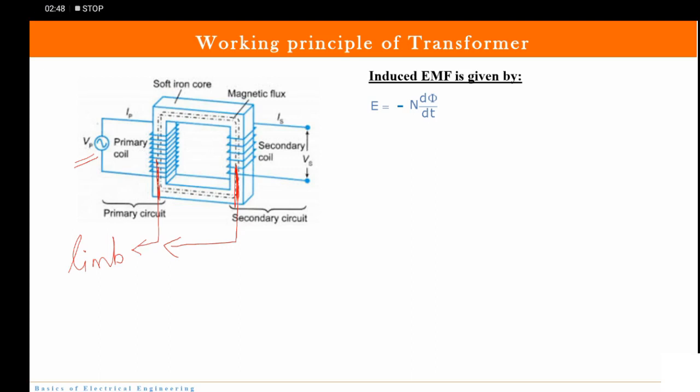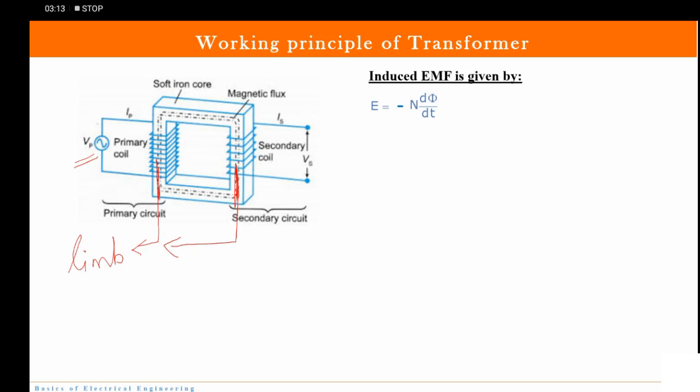As soon as the AC flows through this, we are applying the voltage. So since the circuit is closed, the current is going to flow, correct? This current is alternating in nature. Now whenever alternating current flows through a coil, immediately flux is generated, isn't it? So this flux is again alternating in nature.